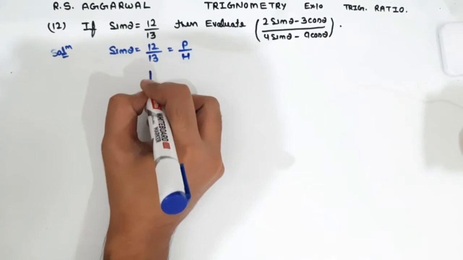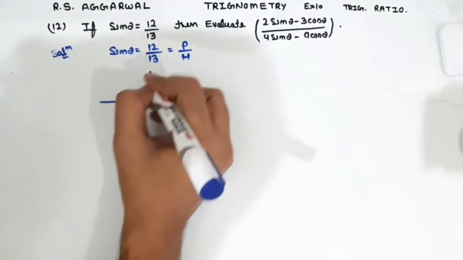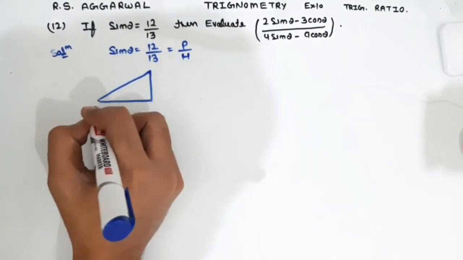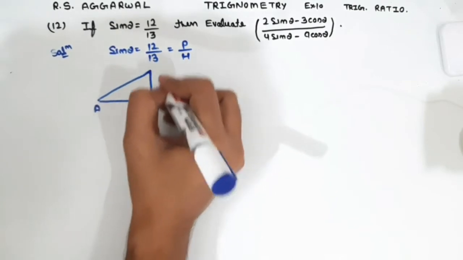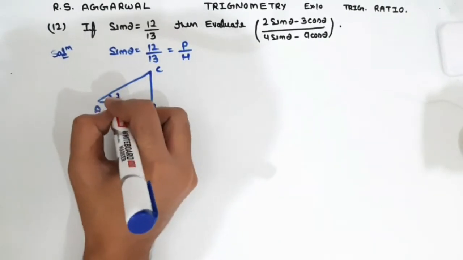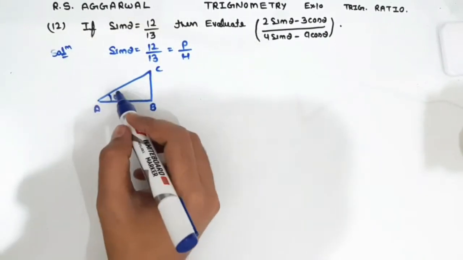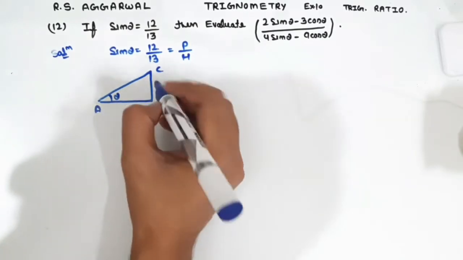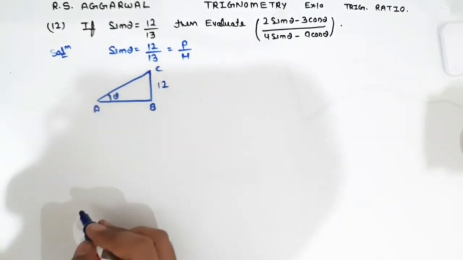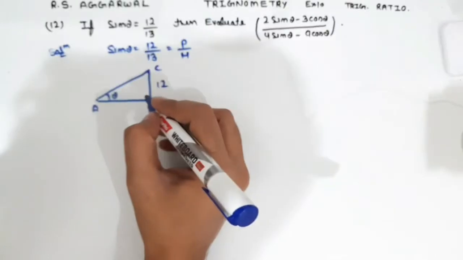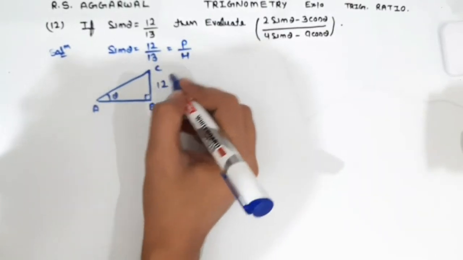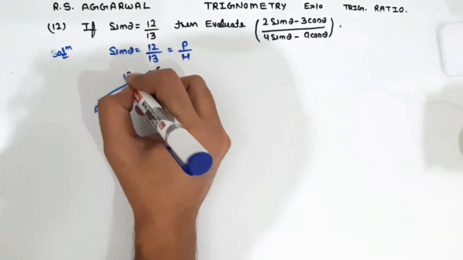So draw a right angle triangle ABC. Consider angle A as theta. So side opposite to angle theta will be perpendicular, that is 12, and side opposite to 90 degree will be hypotenuse, that is 13.